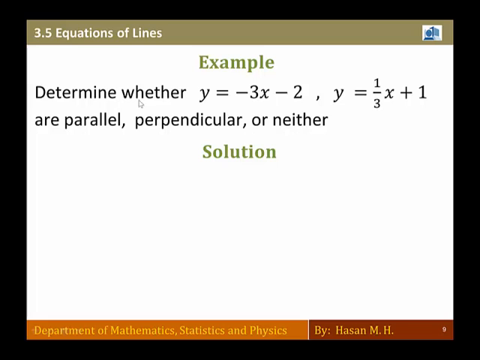Example: determine whether y equals negative 3x minus 2 and y equals 1 over 3 x plus 1 are parallel, perpendicular, or neither. To determine this, we need to find the slopes.